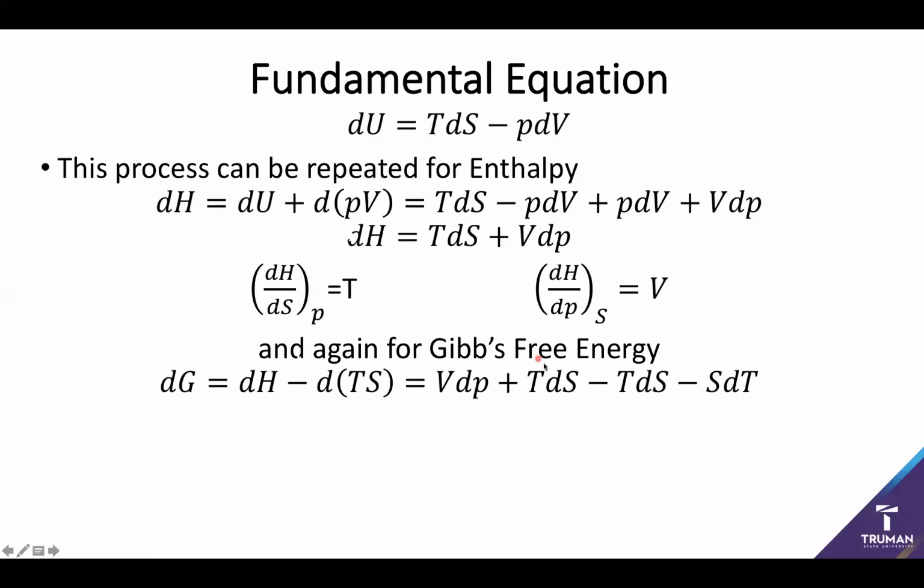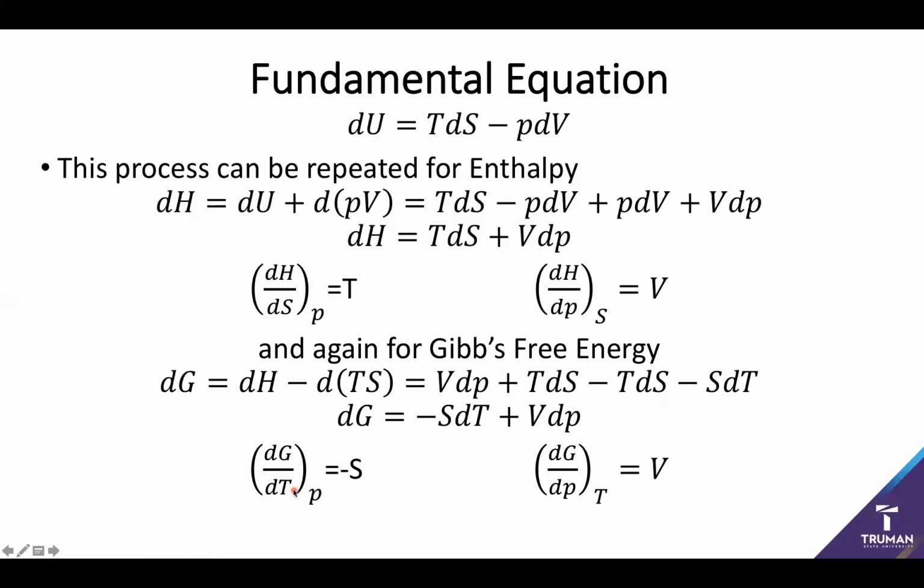So again, we see an elimination of our two TdS terms, leaving us with a simpler equation of VdP minus SdT. So again, this forms what's called the fundamental equation of chemical thermodynamics, as this is going to be the equation that's going to drive a lot of our work going forward, as we can express the change in Gibbs free energy, which again is going to be the change in energy available for chemical reactions, as a function of temperature and pressure.